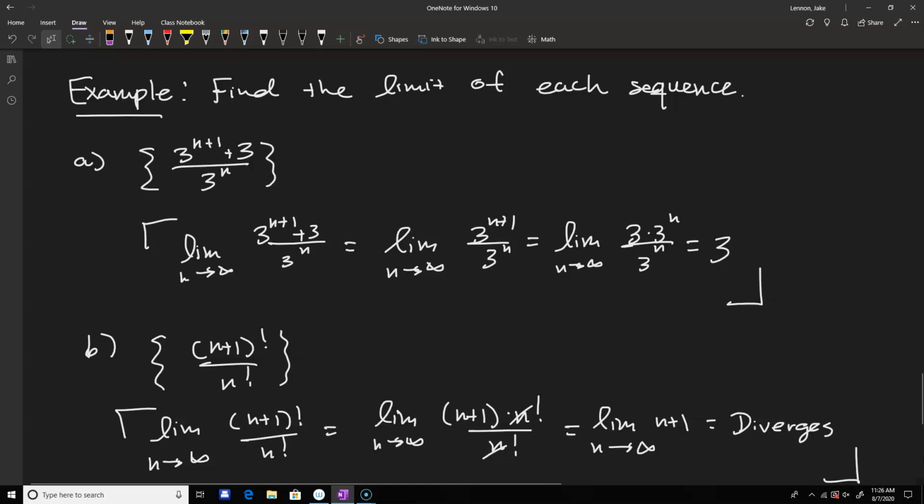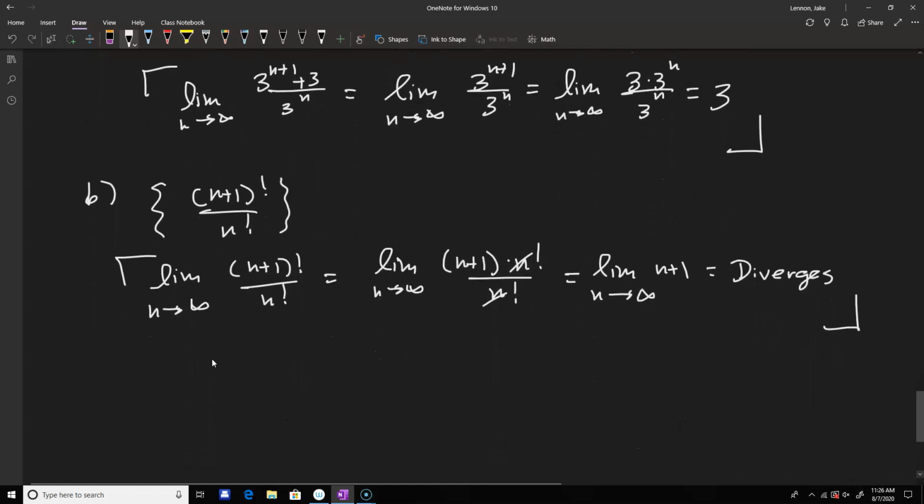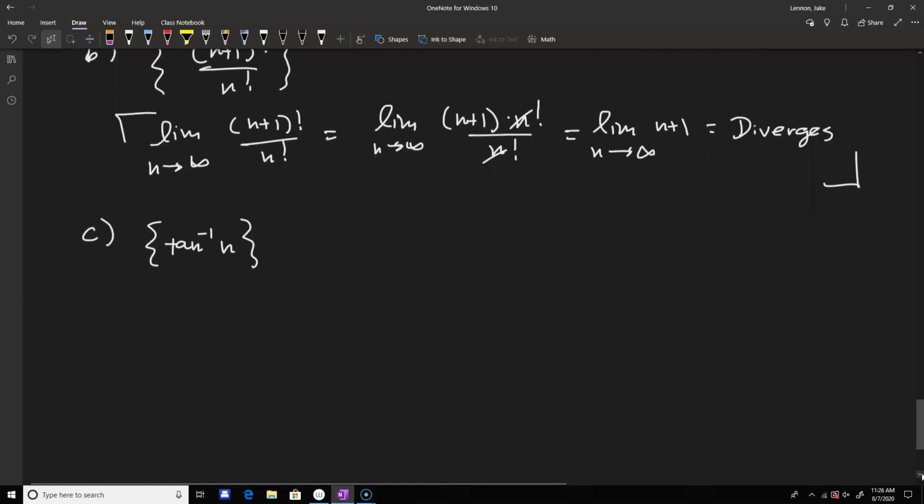Okay, so why don't we try maybe one or two more. This is helping us brush up on our old limits. What if we looked at the inverse tangent of n? When I think about this one, I'm more likely to think about the graph than the actual limit. So we want to know the limit as n goes to infinity of the inverse tangent of n.